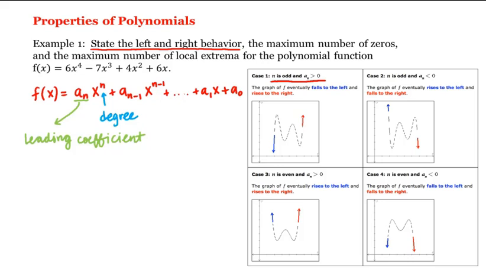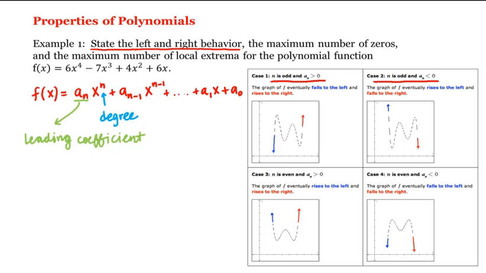And as x goes to negative infinity, then x to the n will also go to negative infinity. And because a sub n is positive, then the graph will eventually fall without bound as x goes to negative infinity.